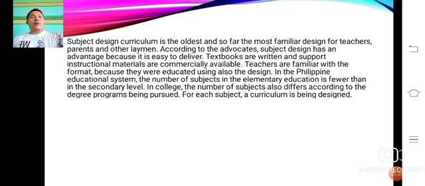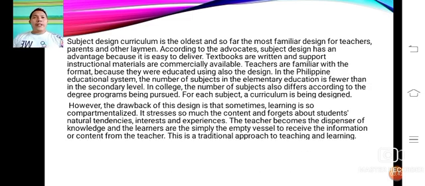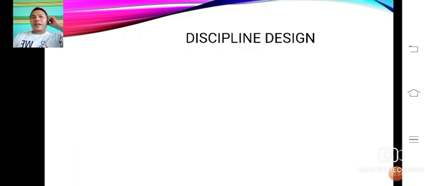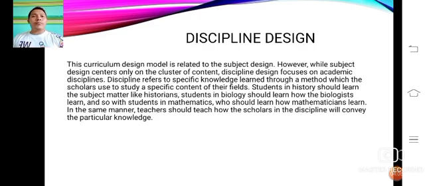We already experienced this because we are teachers and educated enough to understand the subject design curriculum. Next, we have the discipline design. In this discipline design, there are different levels of discipline in accordance with the learners, and the curriculum design model is related to the subject design. However, while the subject design centers only on a cluster of content, discipline design focuses on the academic discipline.